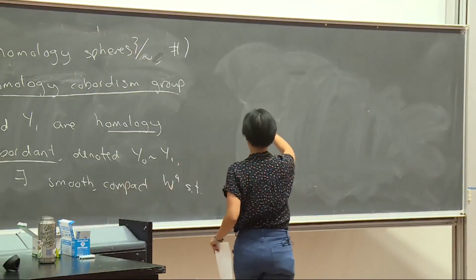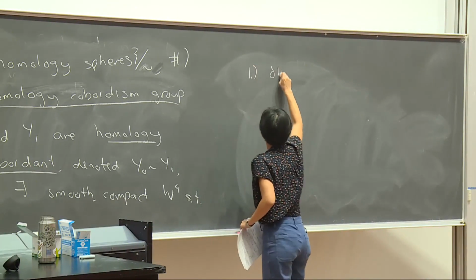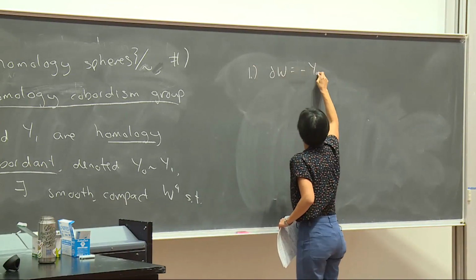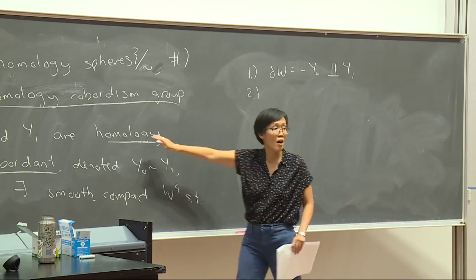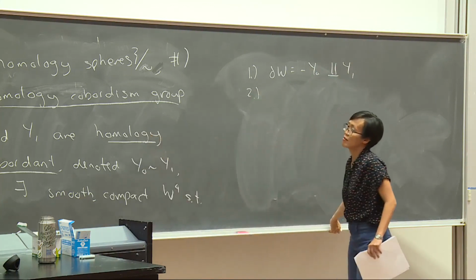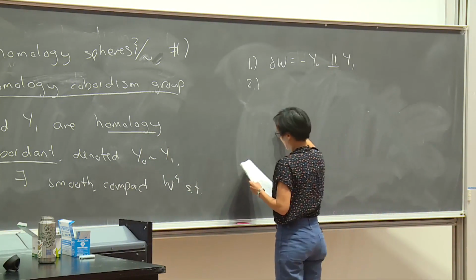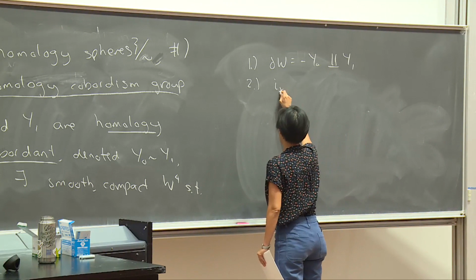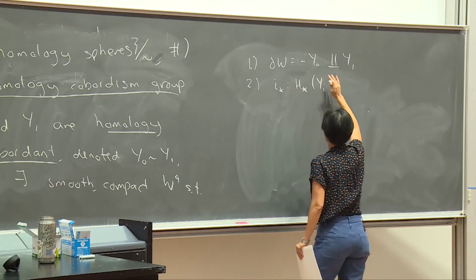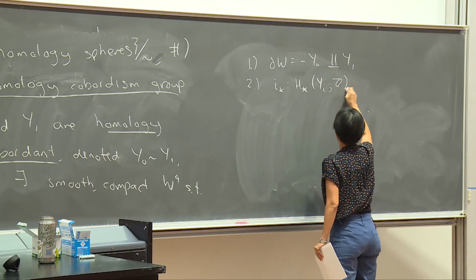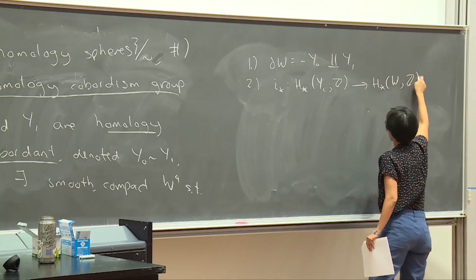So that's the first part. And then the homology part says that on the level of homology, W looks like a product. One way of saying that is that the map induced by inclusion on homology from either boundary component to the four-manifold is an isomorphism.